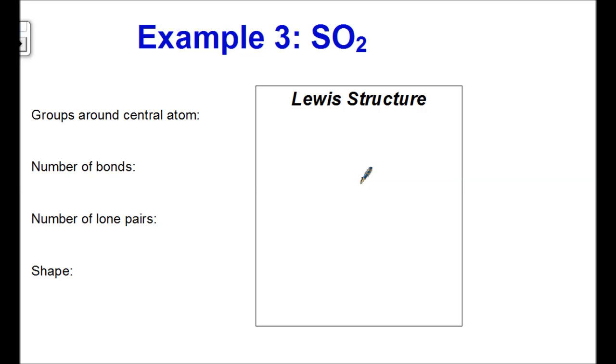SO2. So S is going to be the central atom. We'll have a double bond to an O, a single bond to an O, lone pair on sulfur, lone pairs on oxygen to complete our octets. All right, so let's check out the number of groups here. So here's a group right here, the double bond.